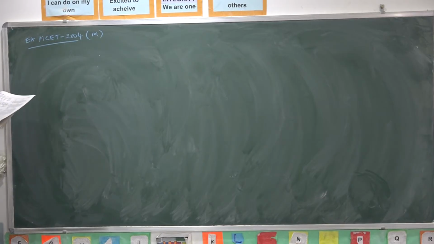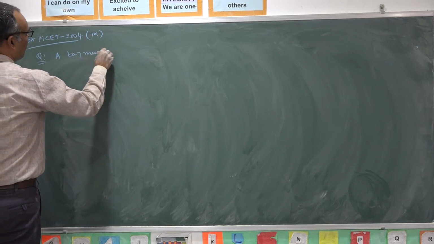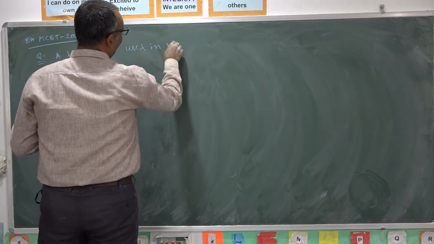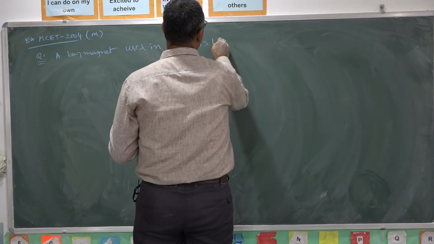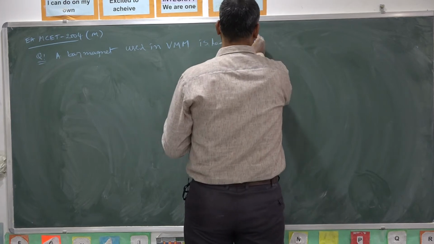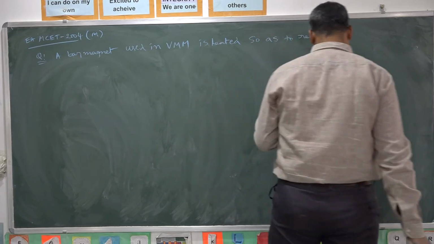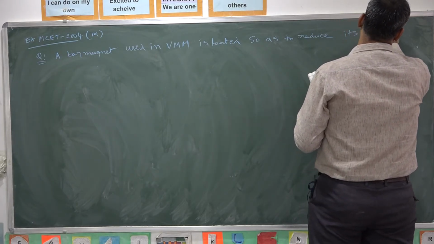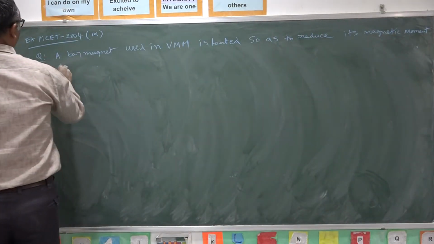They asked this question: a bar magnet used in vibration magnetometer, it's an instrument, is heated so as to reduce its magnetic moment by 36%.